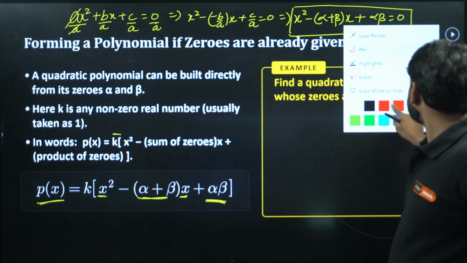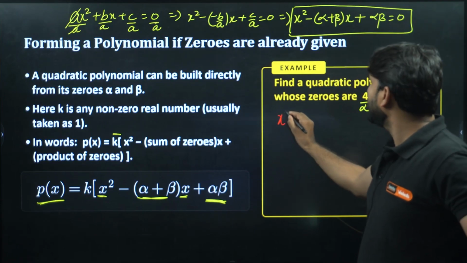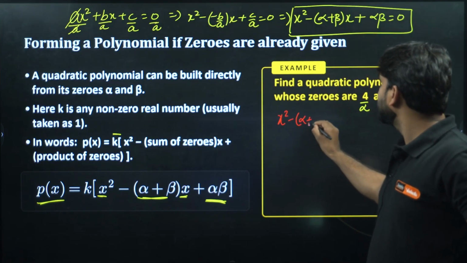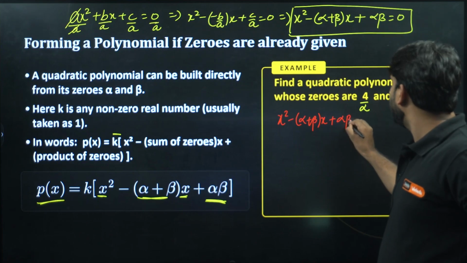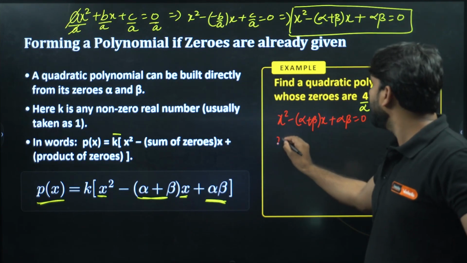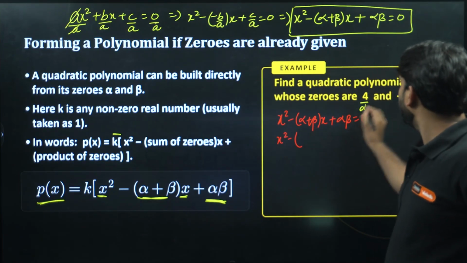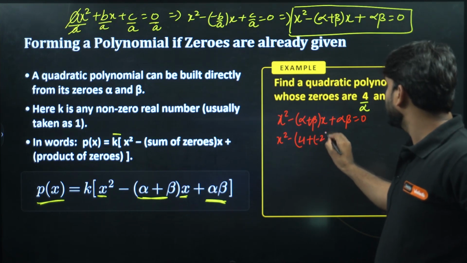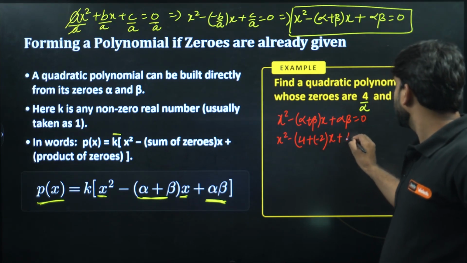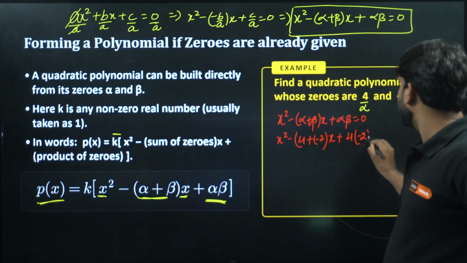So x square minus sum of roots, alpha plus beta, into x plus alpha into beta is equal to 0. So x square minus, alpha is 4 plus beta is minus 2, into x plus alpha 4 into beta minus 2 is equal to 0.